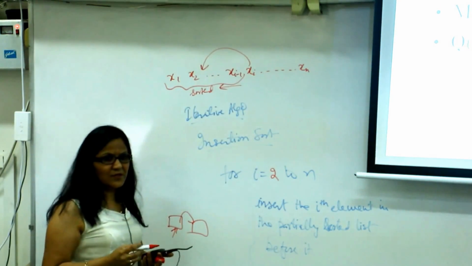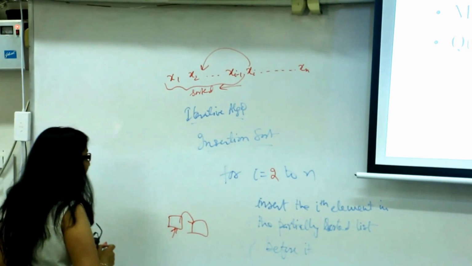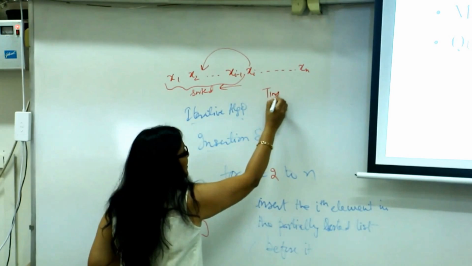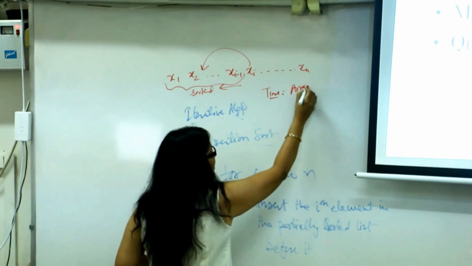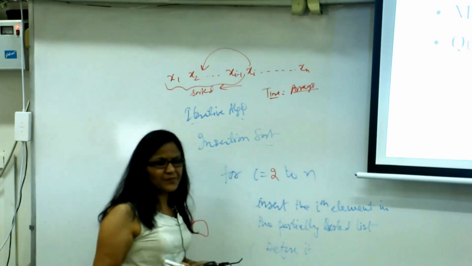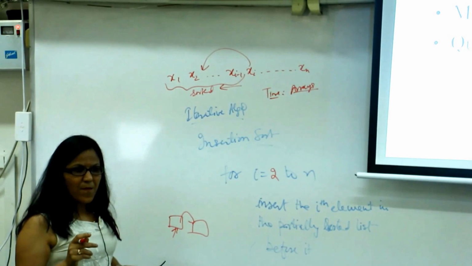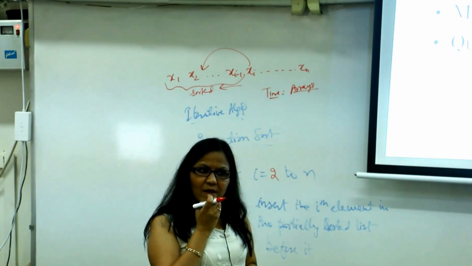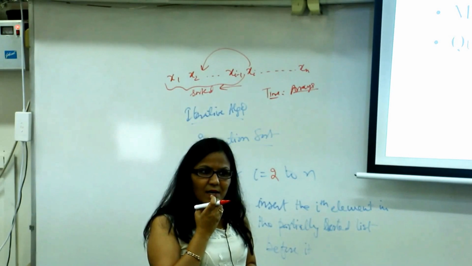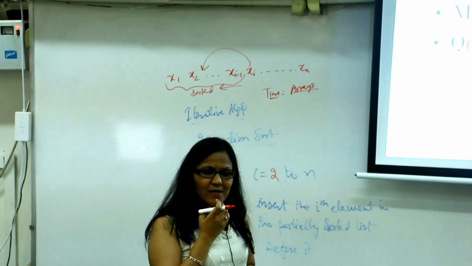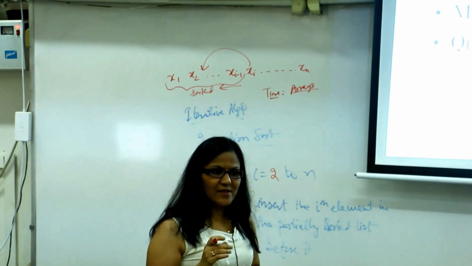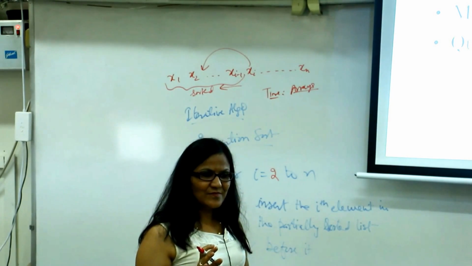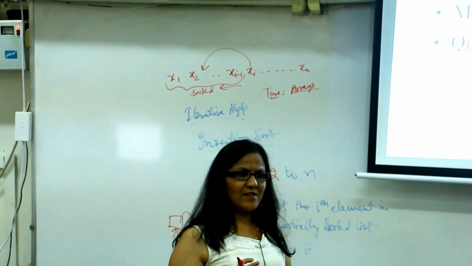Some other? Okay, before going to that, let me just ask you, time in, let's say, arrays. How much time in arrays? Correct yourself slightly. In the ith iteration, there should be at most i minus 1 elements. Exactly.